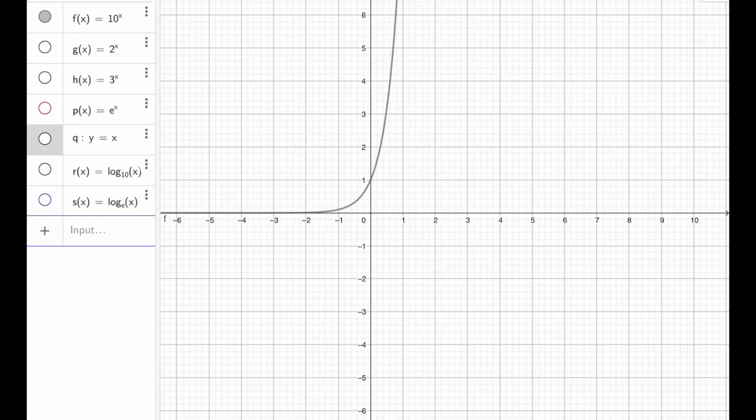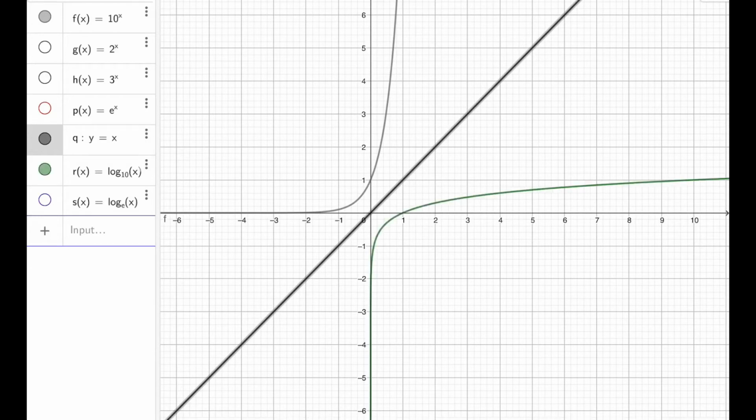The graph which you are seeing is the graph of 10 raised to the power x. Now let us plot the graph of y is equal to x. In chapter number 1, we have learned that the inverse of a function is the mirror image of the graph of the function about y is equal to x.